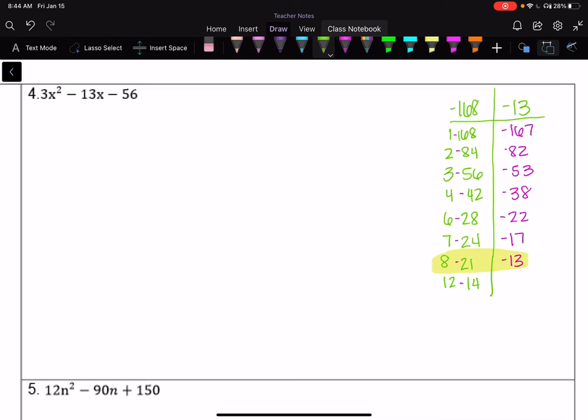So we're going to take 3x squared, bring it down, and split up negative 13x to positive 8x and negative 21x minus 56. We'll group them. And I'm going to group them by rewriting them this time, because I need to put a plus in between my two parentheses.